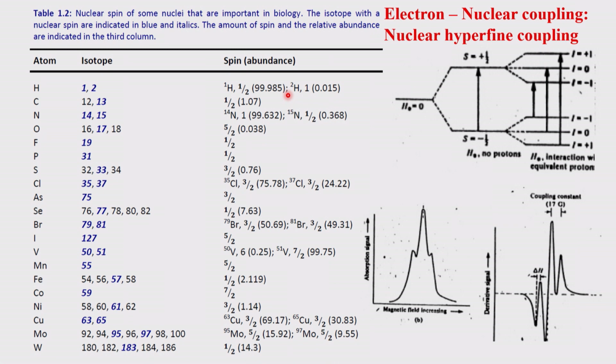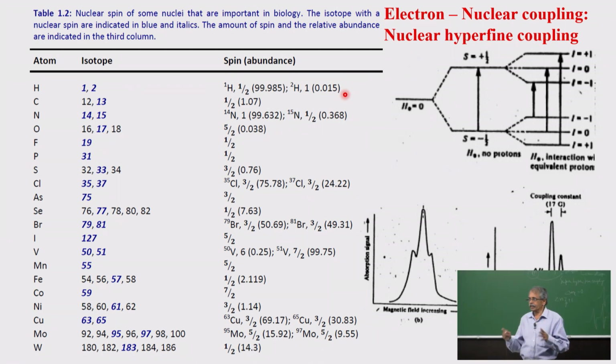Therefore you can ignore such a low value, so only the 1H coupling with the electron is to be considered, not the deuterium or 2H. Electron with 2H is 0; you can take electron with H as the maximum.